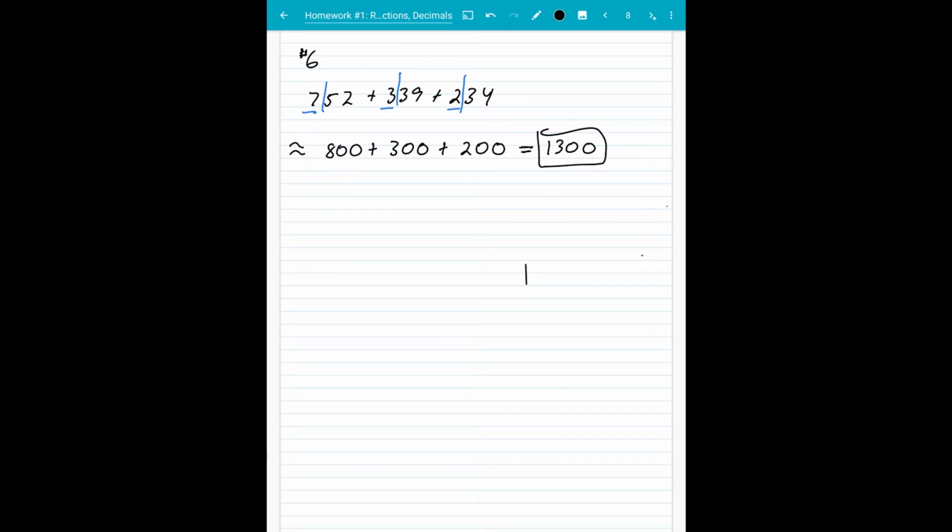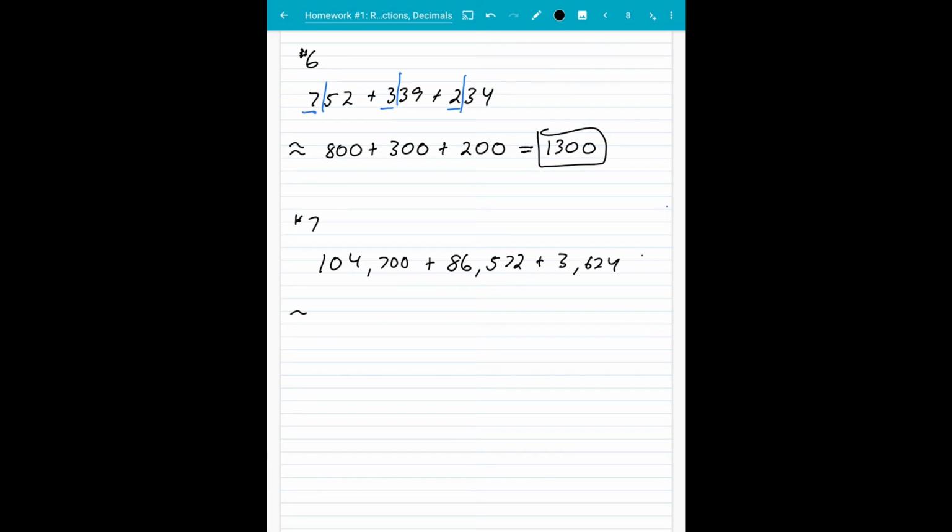Number 7 is similar, but the numbers are a little larger. It wants us to use the same thing. 104,700 plus 86,572 plus 3,624.